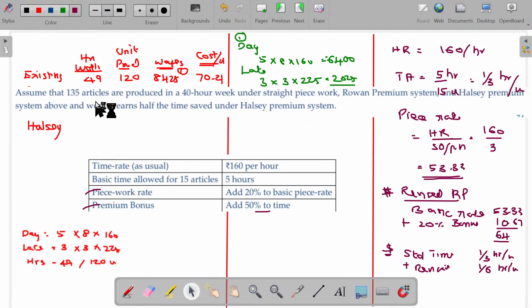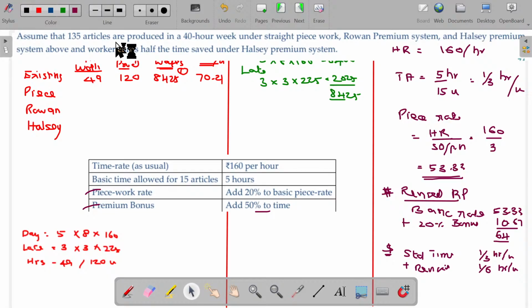Otherwise, 1/3 being 20 minutes, and another half of that being 10 minutes. So naturally half an hour, 30 minutes. It's safer to calculate this way, in minutes. Otherwise, 1/3 plus 1/6 is equal to half an hour. We got this. Clear?